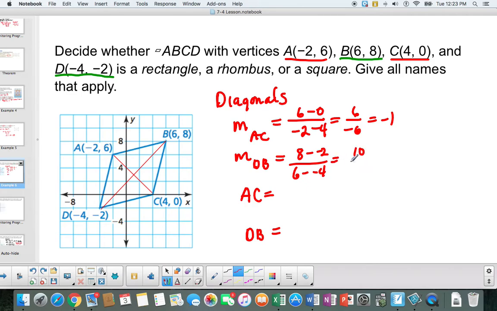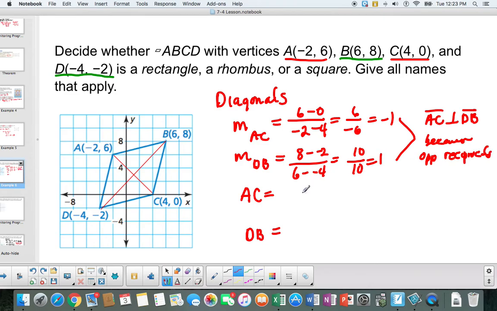That's going to be 10 over 10, which is 1. Now, these slopes tell me that segment AC is perpendicular to DB because they're opposite reciprocals. All right, so now I know for sure that it's a rhombus. I know it's a parallelogram, and because the diagonals are perpendicular, I know it's a rhombus.